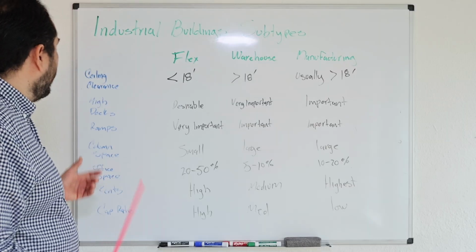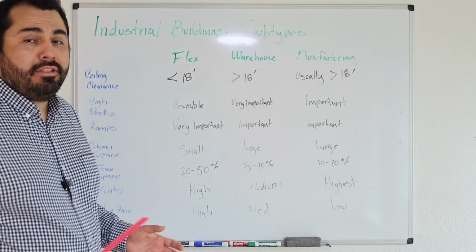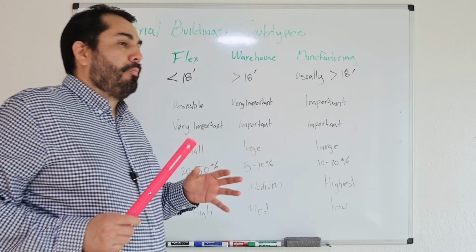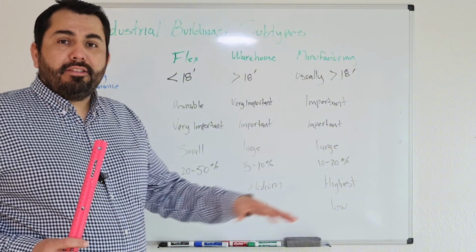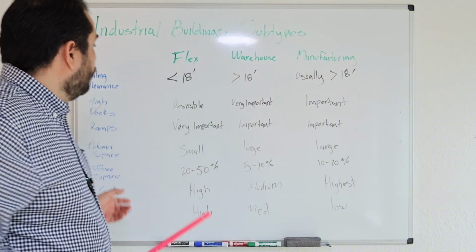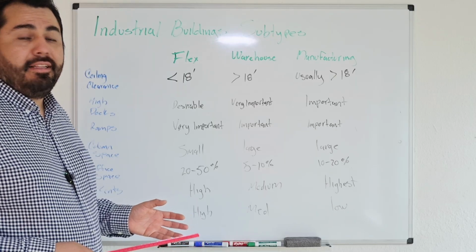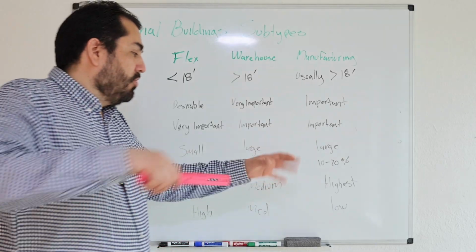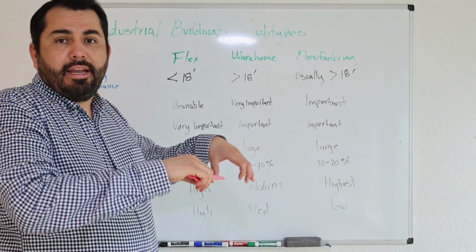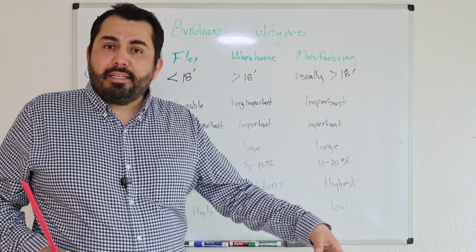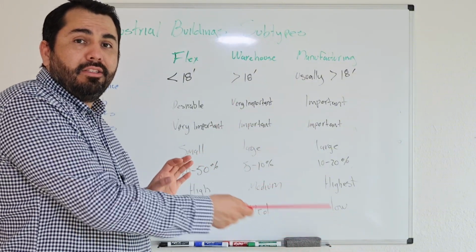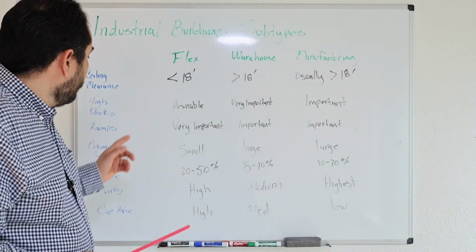Also, we have the high docks. What is a high dock? It's when you go with a truck and you load the truck inside the facility. The truck just connects with the dock, and you load it from the inside, but the truck remains on the outside. That's a dock.